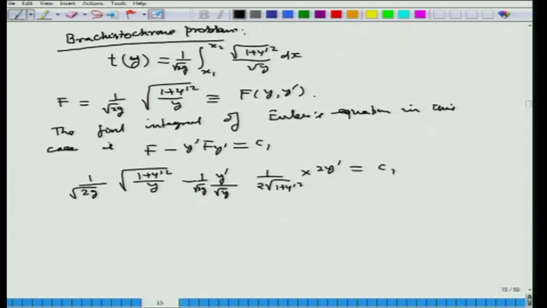we get the following in this case. So, let us write it 1 plus y prime square over root y here minus, you get this 2 cancels here, y prime square over root y into root 1 plus y prime square is C 1 tilde here.